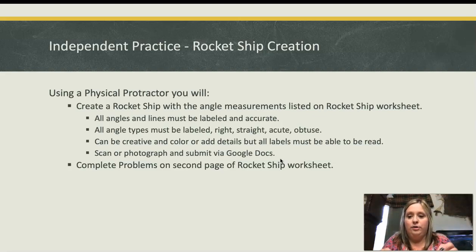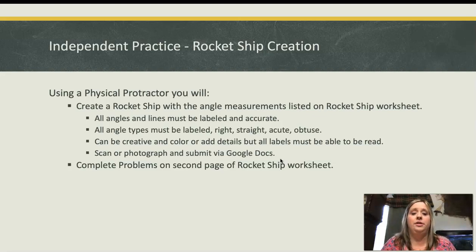I still feel like you need to know how to do it the physical way first, and then you can build on that and learn the virtual way, because there is that snap grid issue in the virtual drawing platform that you need to work on, and you don't have that issue when you're doing it on paper.